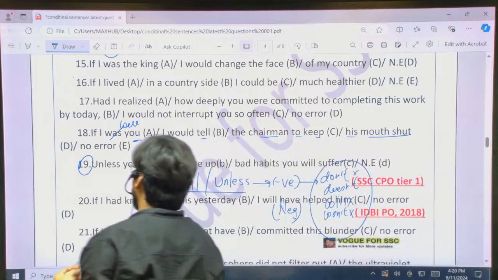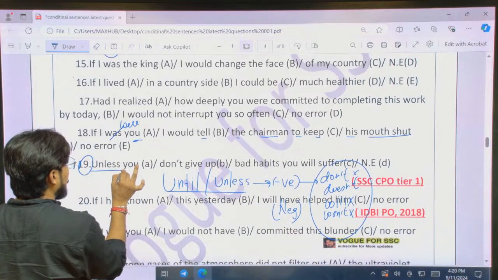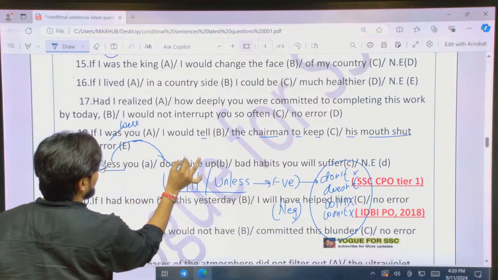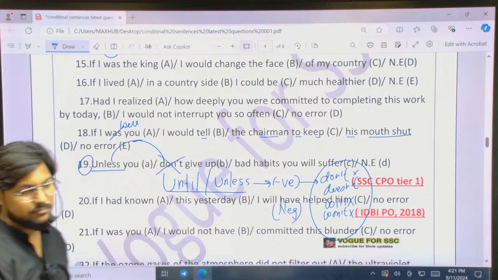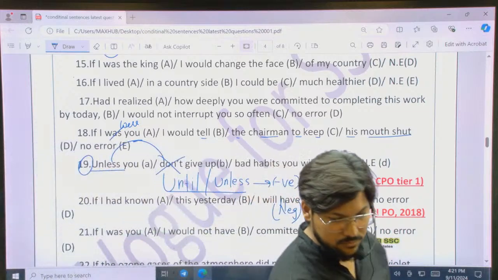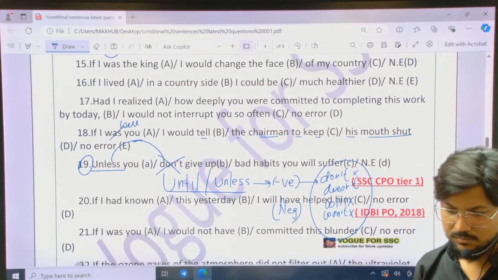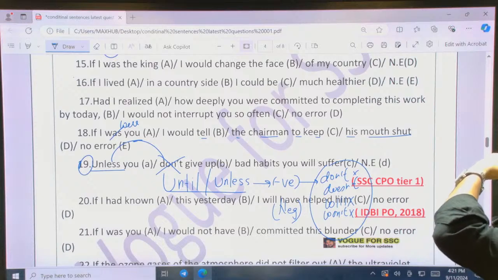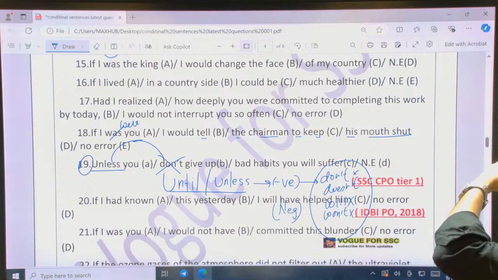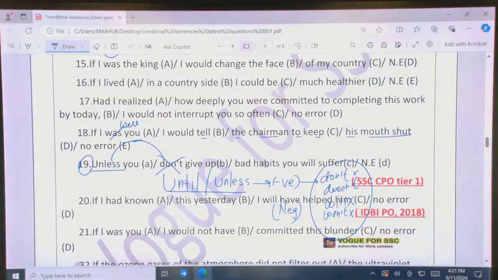So the simple answer of this question is, if unless has been used, don't use don't. Unless you give up bad habits, you will suffer. Until, unless are two negative words which do not require don't or doesn't, will or won't.